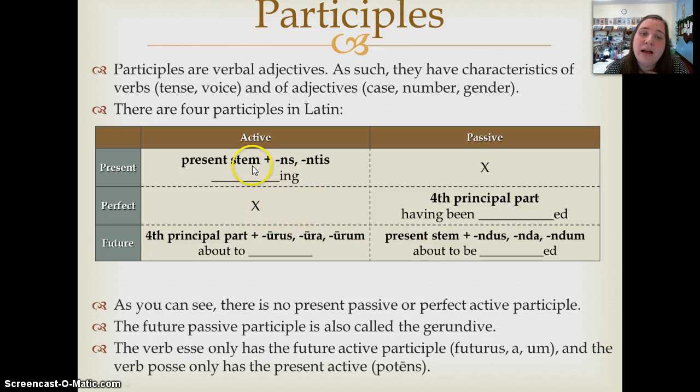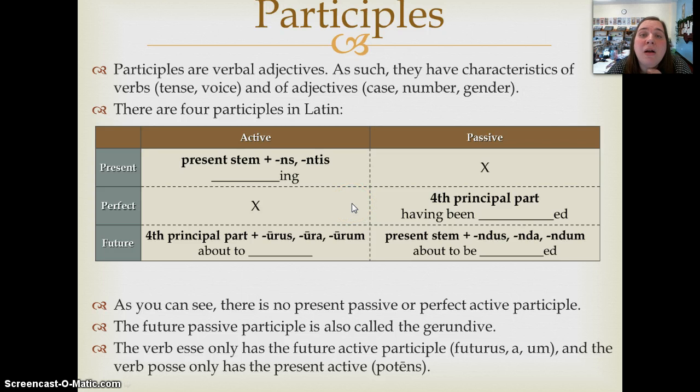There is only present active, perfect passive, and future active and passive, okay? This box right here, the future passive participle, is also called a gerundive. So you should know that this form, also known as the gerundive, that'll become important. And we'll talk more about the verb to be in a second.